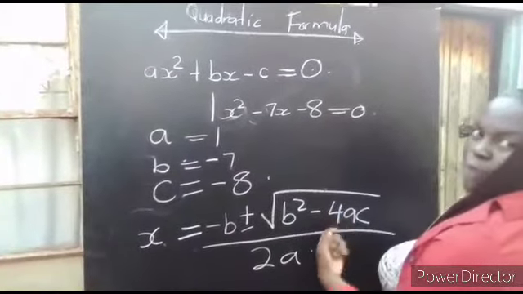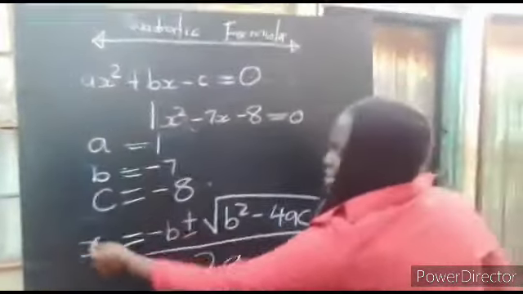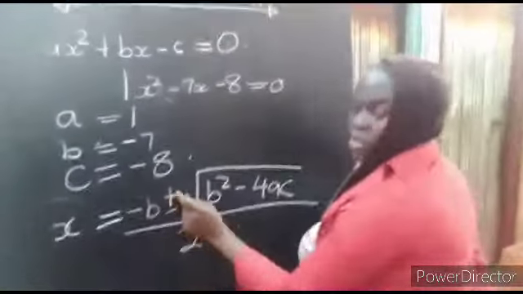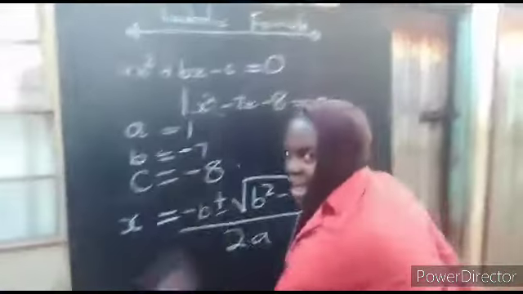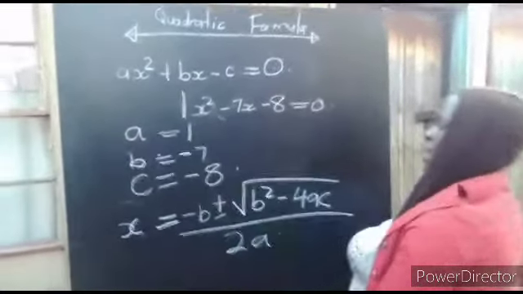You should know this formula by heart: x is equal to minus b plus or minus the square root of b squared minus 4ac, all over 2a.